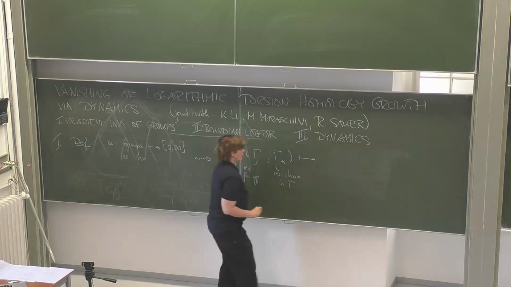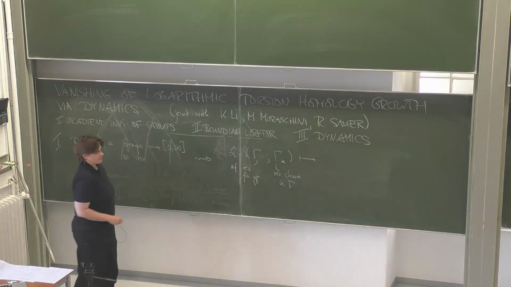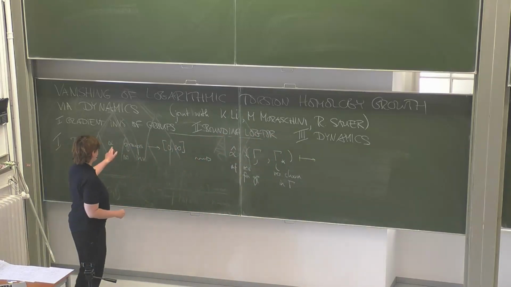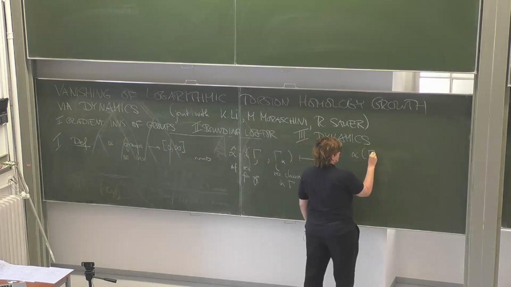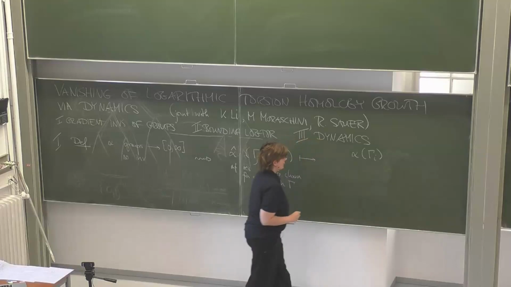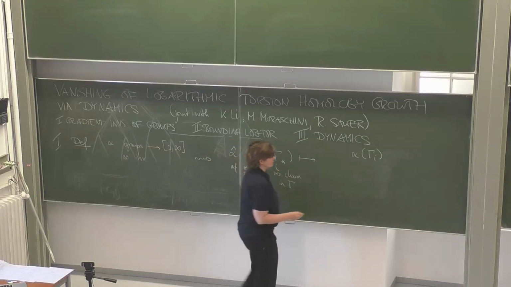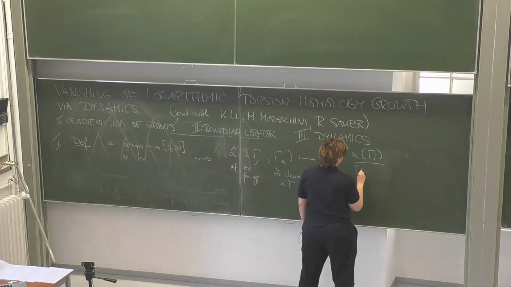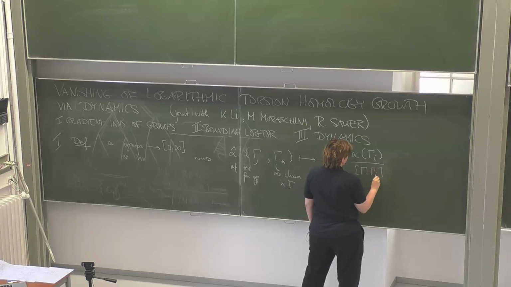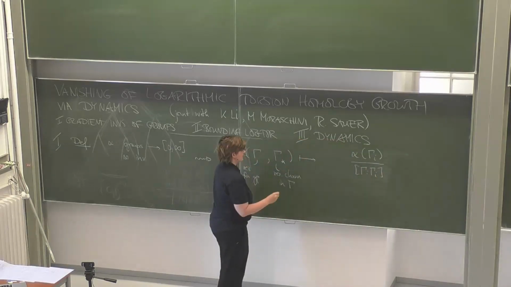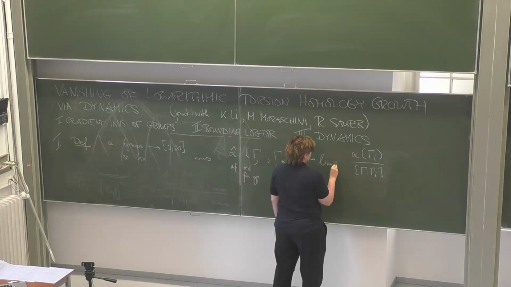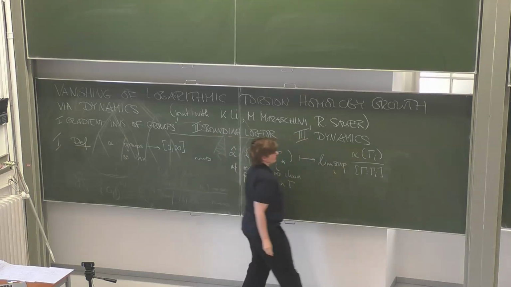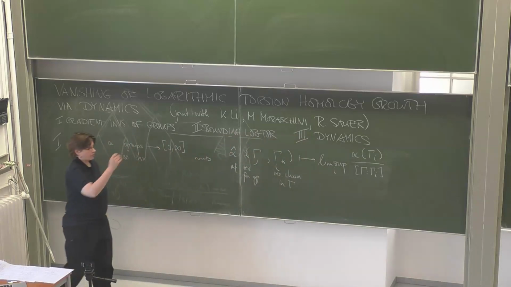And then what you can do, for each of the members in this chain, you can evaluate alpha on that. Now this is a finite index subgroup, so maybe you want to normalize by the index. Then you optimize in some way, and there are different choices, but for today, let's just take the limit superior over all these values.